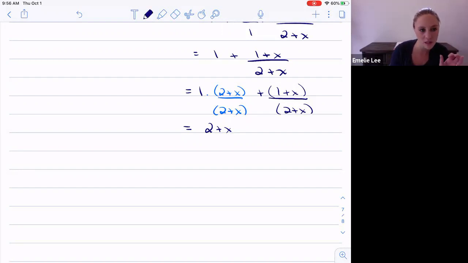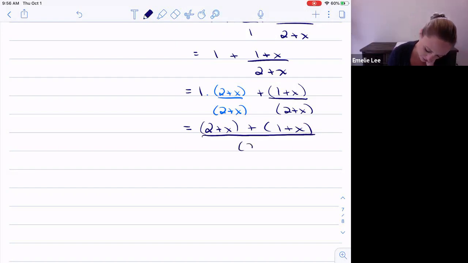So 2 plus x, put brackets around, plus 1 plus x. I don't need these brackets, right? I'm not multiplying anything, and it's positive out front here. If it's negative, then the brackets are important. But because I'm just adding across here, I'm safe, but it's just nice to have this kind of breakdown. Over 2 plus x, which is now my common denominator.